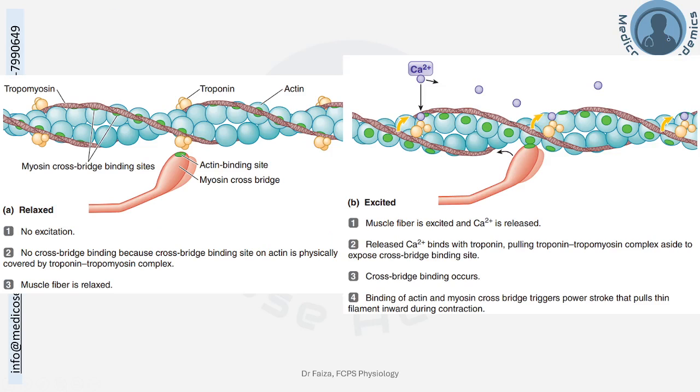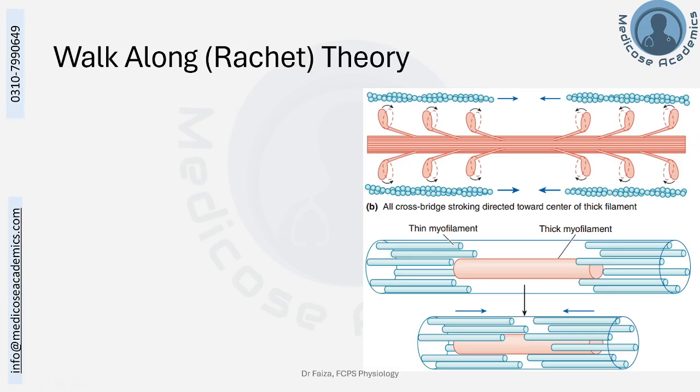Now we will have a look at cross-bridge cycling, how the actin and myosin filaments actually interact to lead to sarcomere shortening. This is explained by the walk-along theory, or we also call it the ratchet theory. In the image below, you can see the sliding filament model where the myosin filaments and actin filaments are sliding past each other.